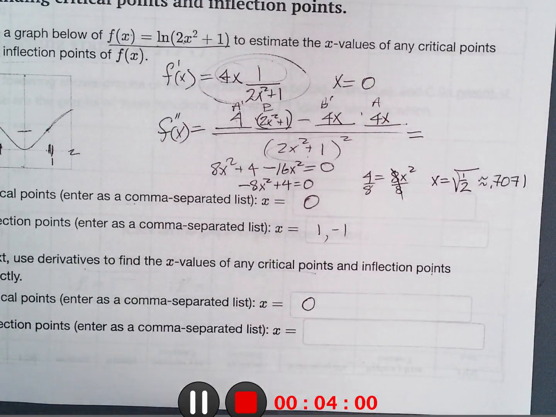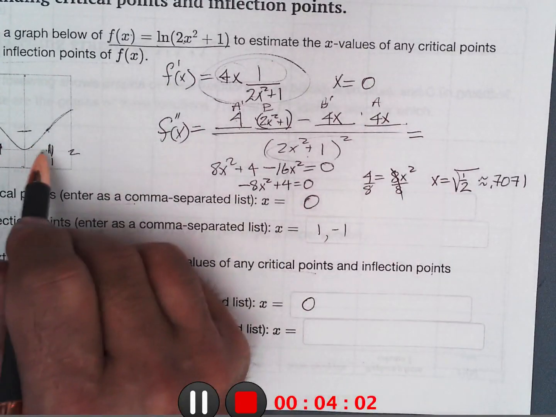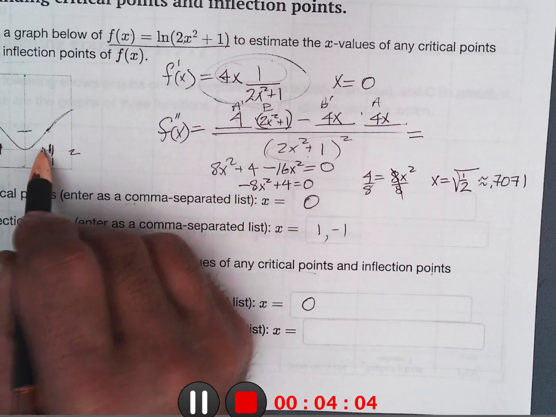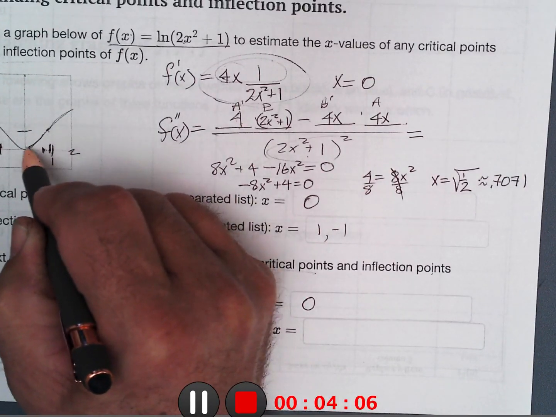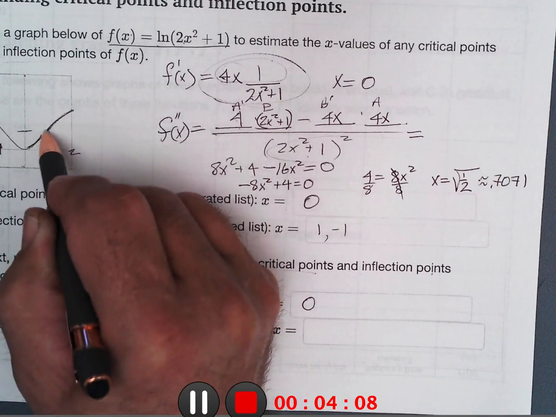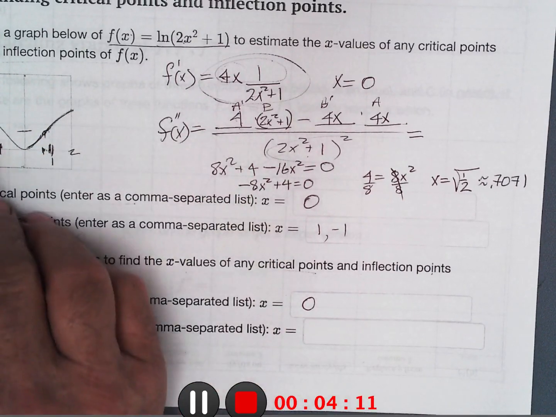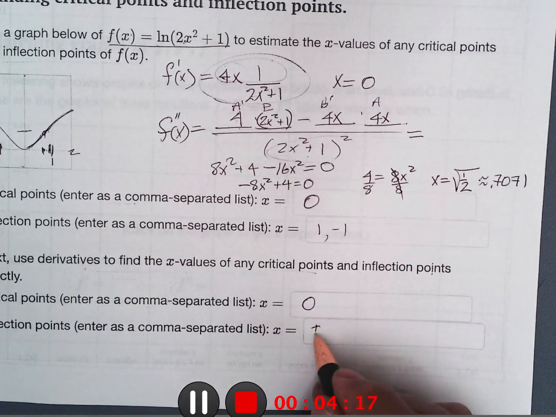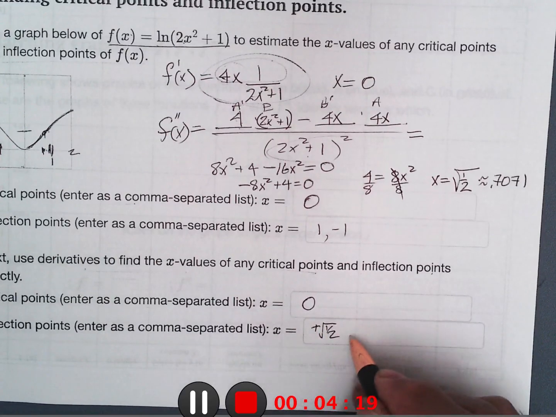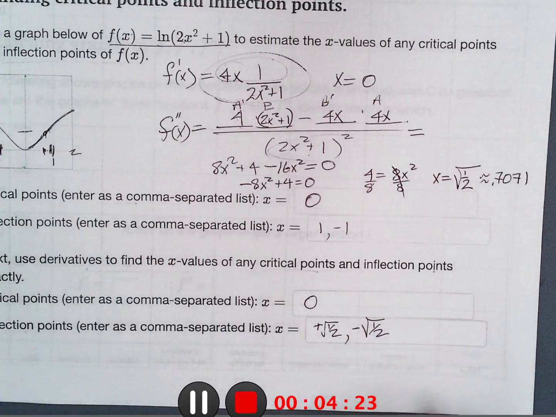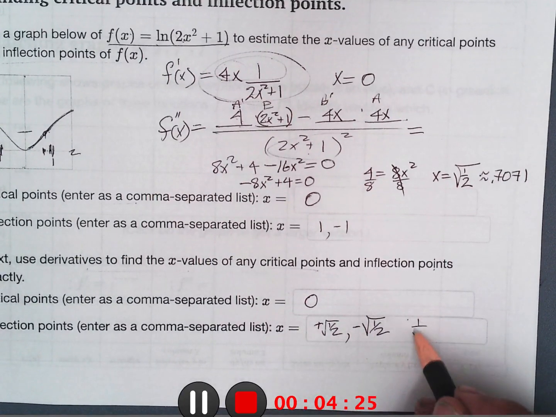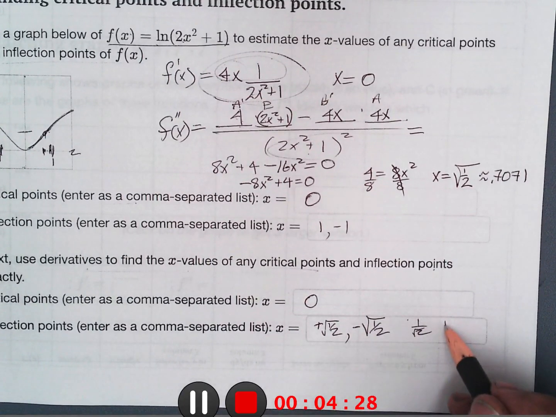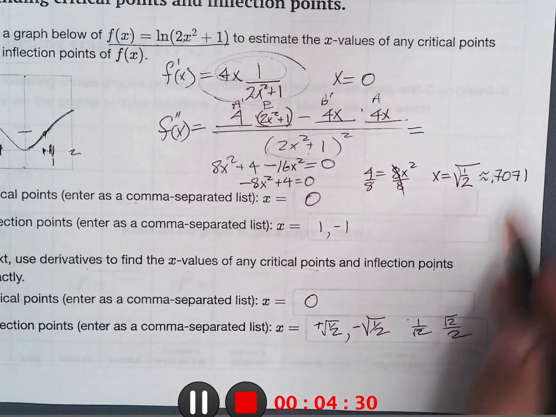So on our graph, it's not at 1, but at 0.7, where the inflection changes from curved up to curved down. 0.7071 and minus 0.7071. Plus the square root of 1/2, comma, minus the square root of 1/2, or that would be 1 over the square root of 2, or square root of 2 over 2, or you can put it in as a decimal.